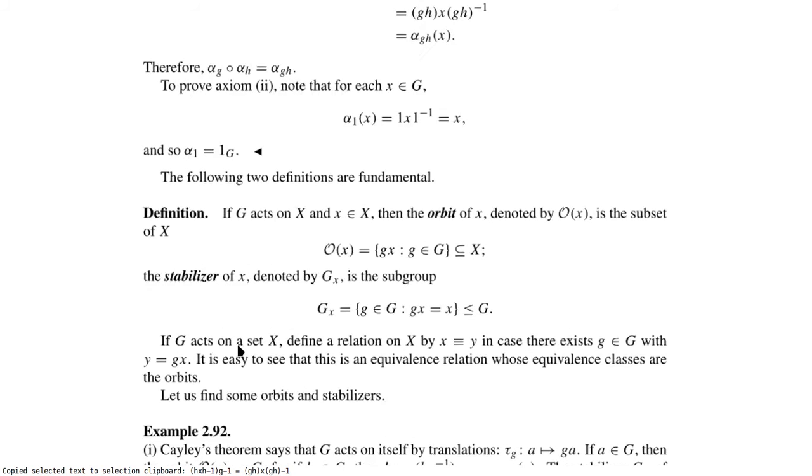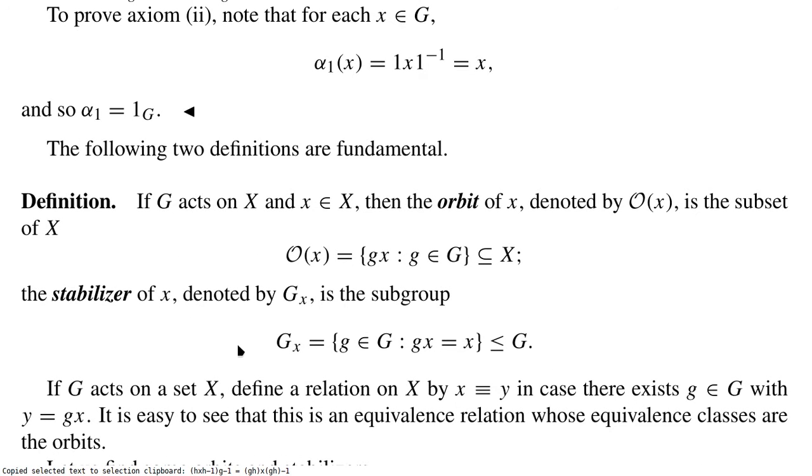So O of x is all the elements gx such that g is in G. So this is kind of like all the multiples of x, I mean all the products that you can do with x, right? So gx, that's that. And this is going to be a subset of X itself. Then this is the orbit.